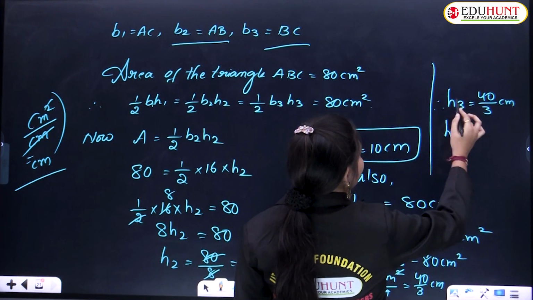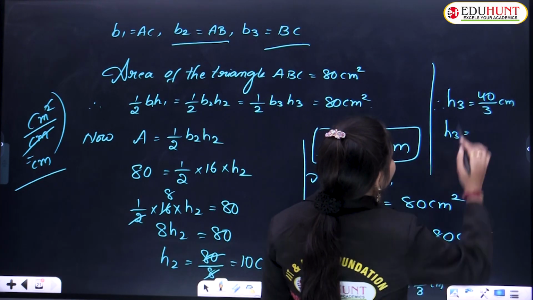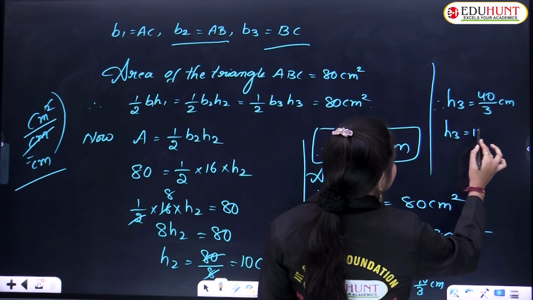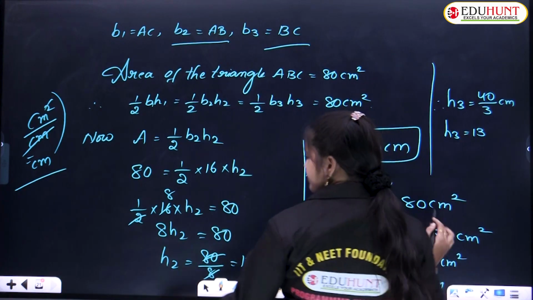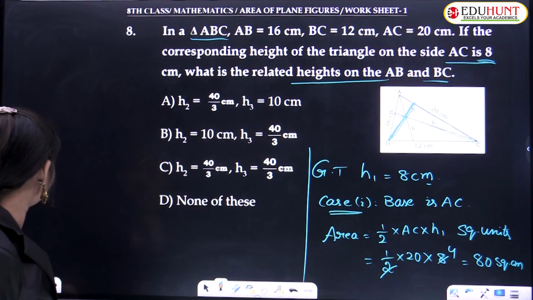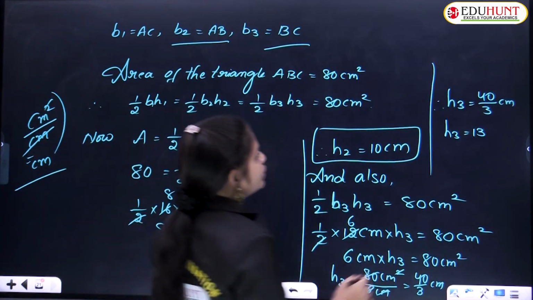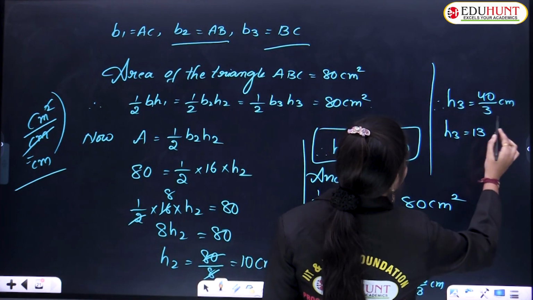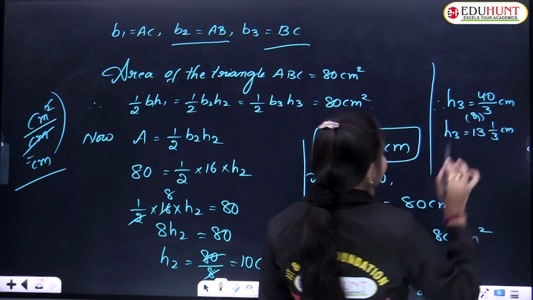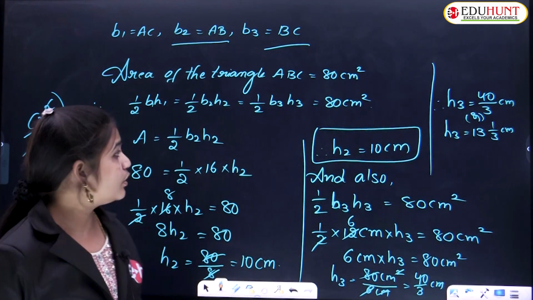H3 is equal to how much? Nearly, 3 thirteens are 39, only. That option is there here. Directly they have given it like this, 40 by 3. No issue. Or else 13 and 1 by 3 centimeters. Anything you can consider. Directly 40 by 3 only they have given.